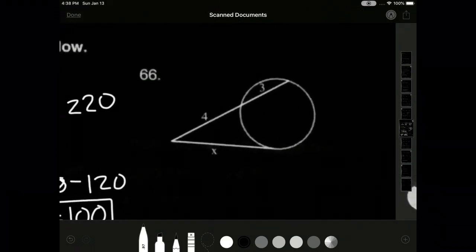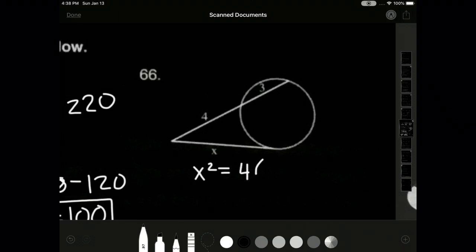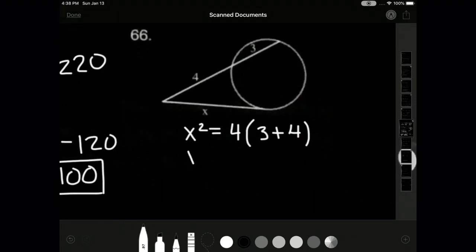For 66, we have a tangent and a secant. So the tangent part is just x, so we say x squared equals, and just like our other secants, it's outside times inside plus outside. So we have x squared equals 4 times 7.